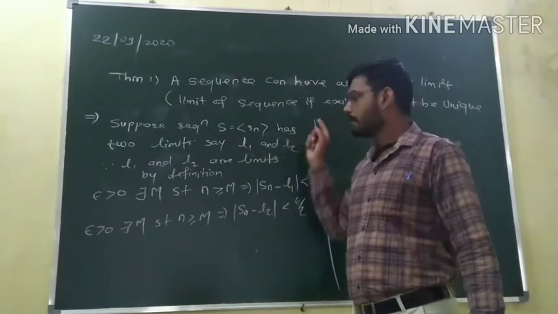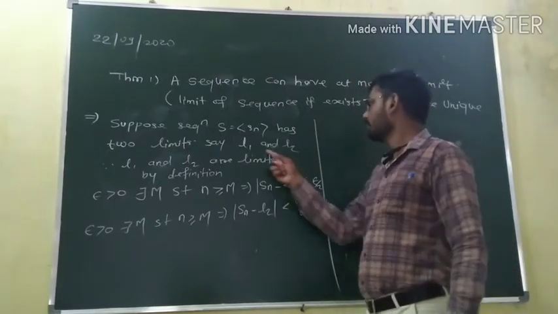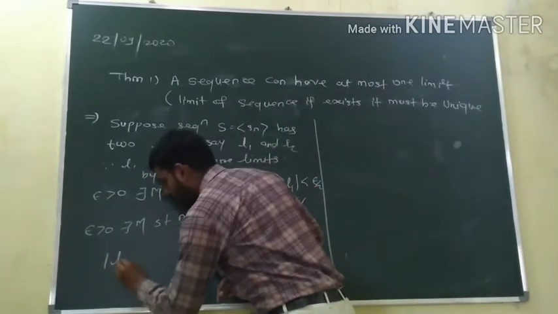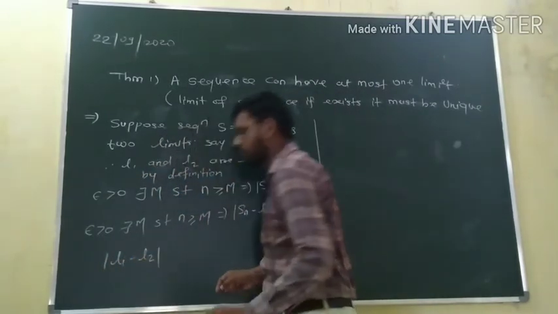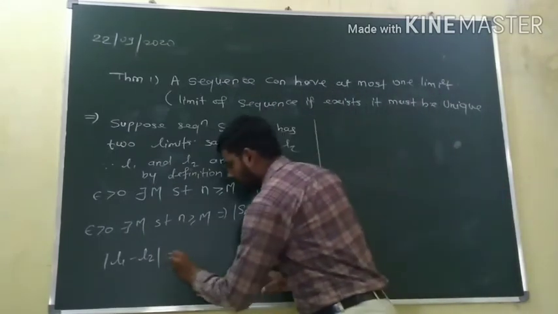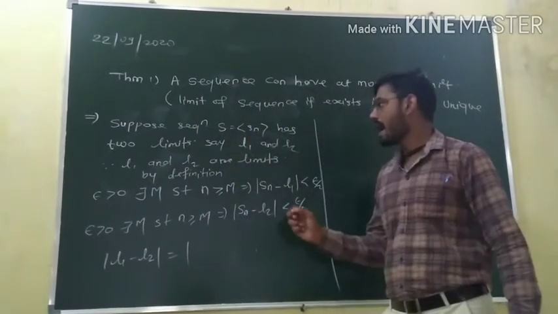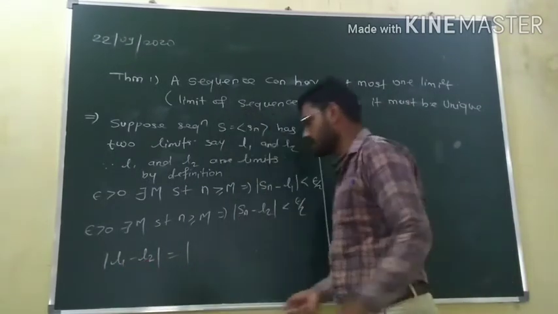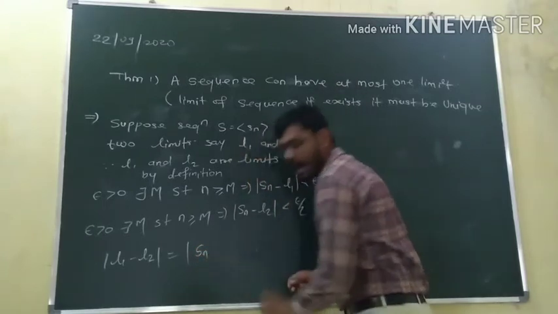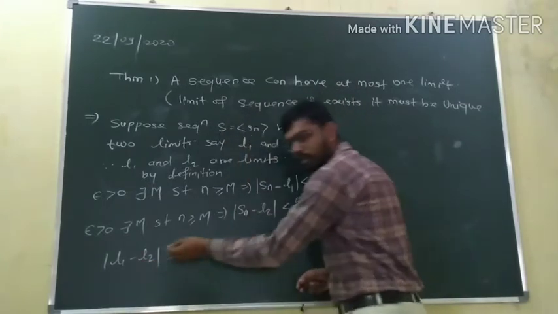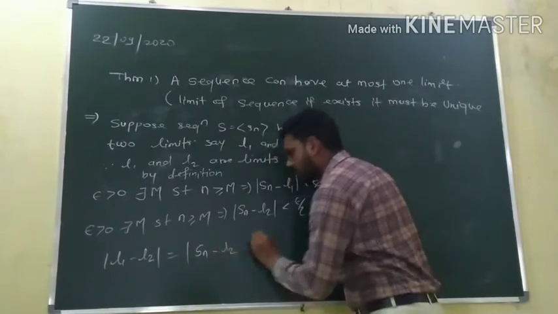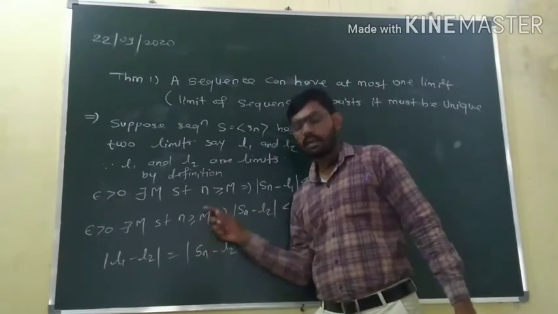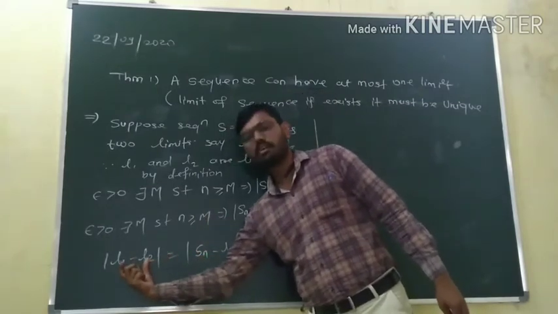For that purpose we will take the difference between L1 and L2. So the mod of the difference between L1 and L2 is equal to, we will make some adjustment here. We add Sn and subtract Sn inside this mod. So this becomes Sn minus L2, which we have added, and now we have added an extra term Sn, so we have to subtract this term to maintain the same value of this mod.